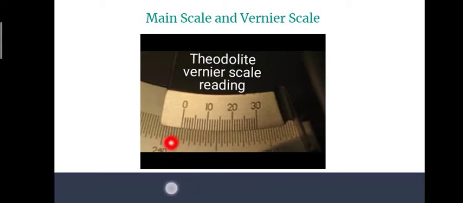In the main scale, you're going to read the readings in degrees and minutes, and in the vernier scale, you're going to read the readings in minutes and seconds. Just like the least count of a vernier caliper, this scale also has its least count.